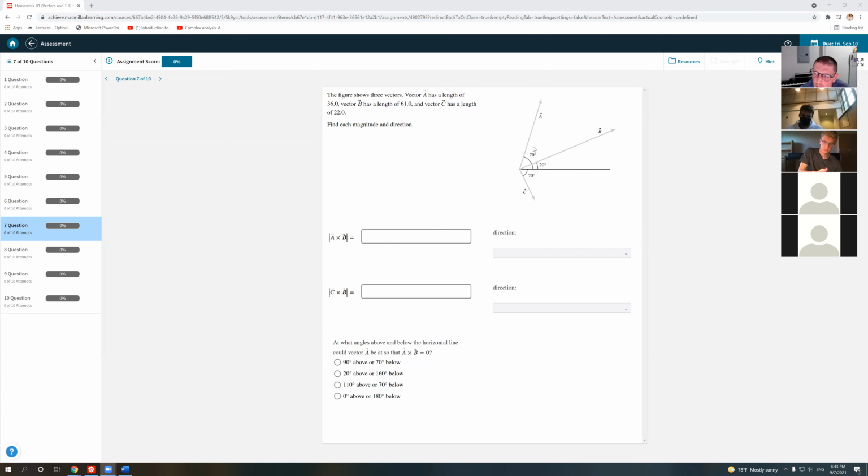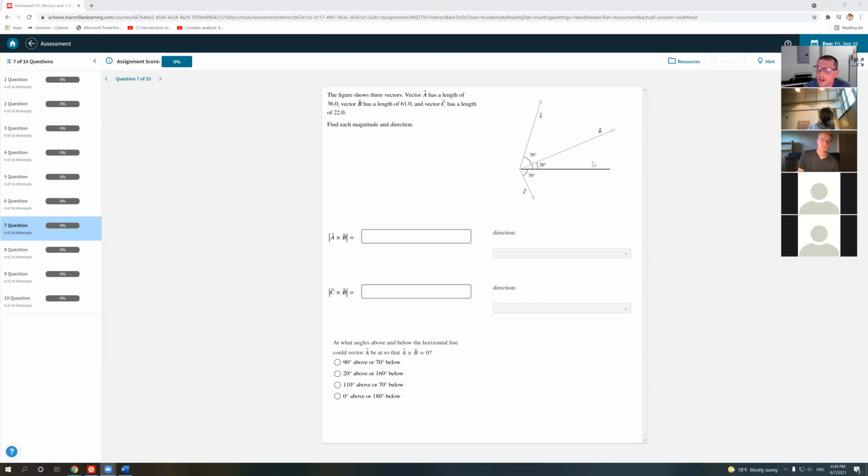If you used your left hand, you would get that it points out of the screen, so make sure you're using your right hand. That's the utility of the right-hand rule: we already know there are two possible ways any cross product can point, and it tells us which of those two is correct.